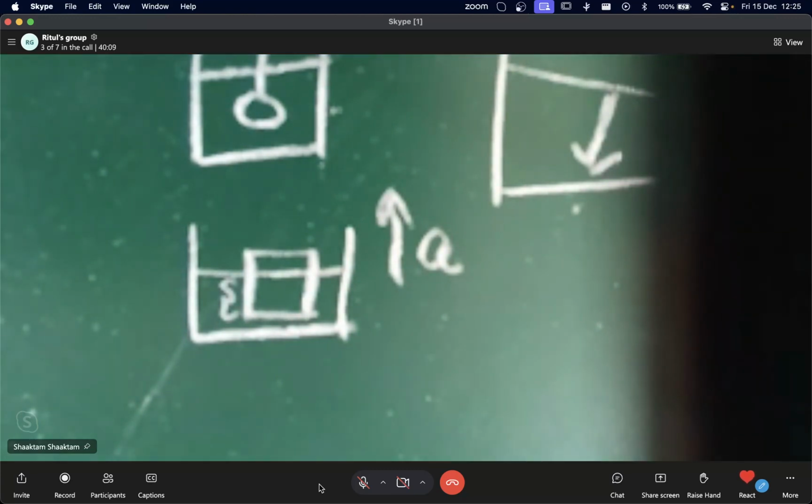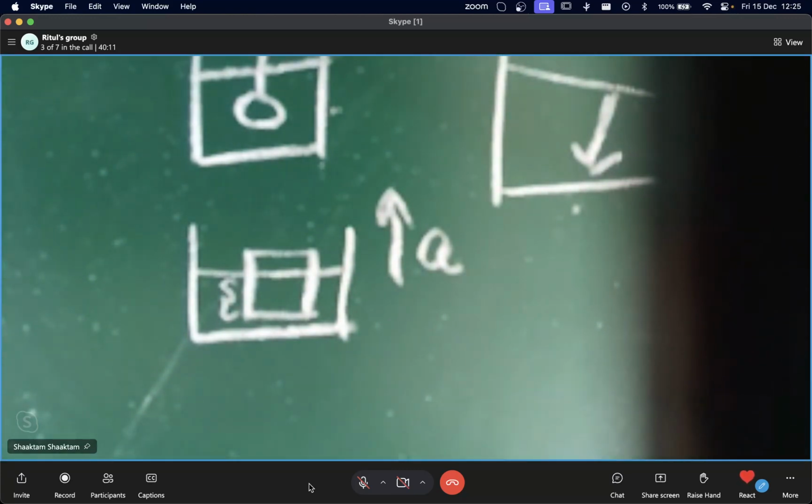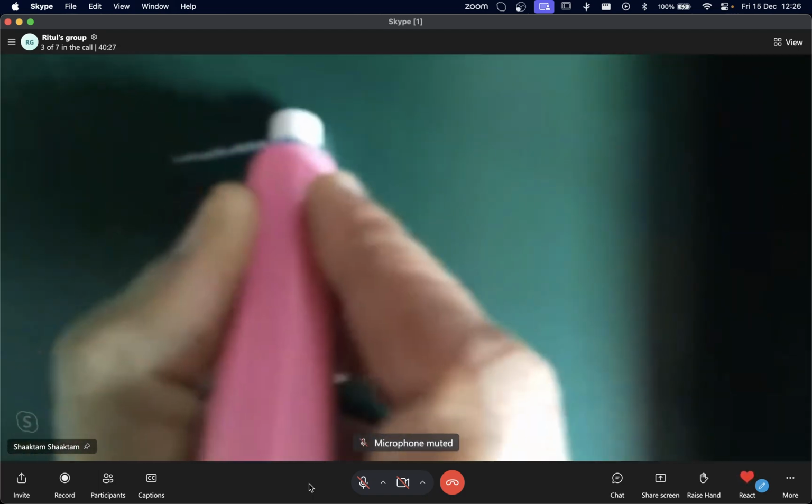Okay. Now we have to take a bend. Write down. Let us take a circular bend as shown in the figure.